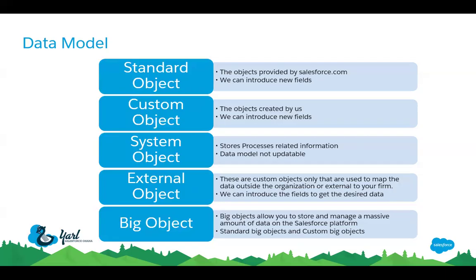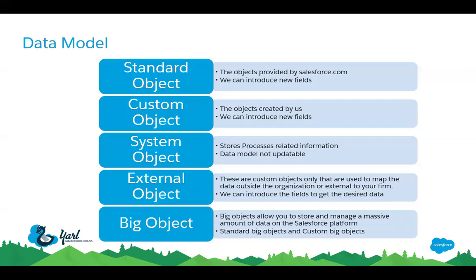Okay. When you are creating your org the first time, there will be some predefined object structures. One last time, when I say object structures, they are database tables. So by default there will be some object structures. We call them standard objects.